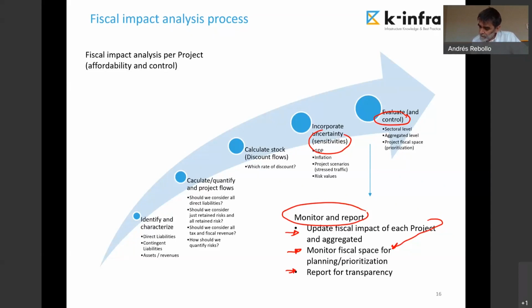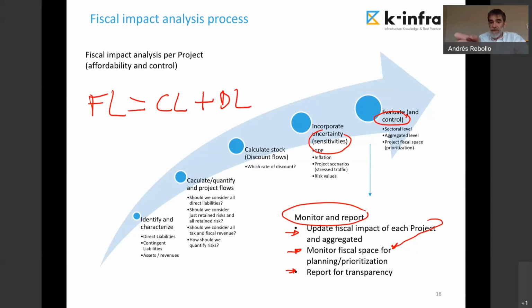Rita Kiln asks, how is it that more risk transfer doesn't necessarily mean higher affordability? Well, if I am transferring risks, I am diminishing the fiscal impact. The fiscal liabilities, if you wish, are contingent liabilities plus direct liabilities. Okay?